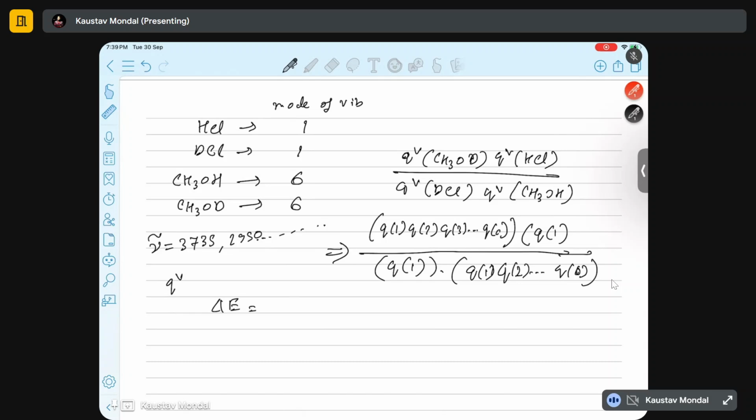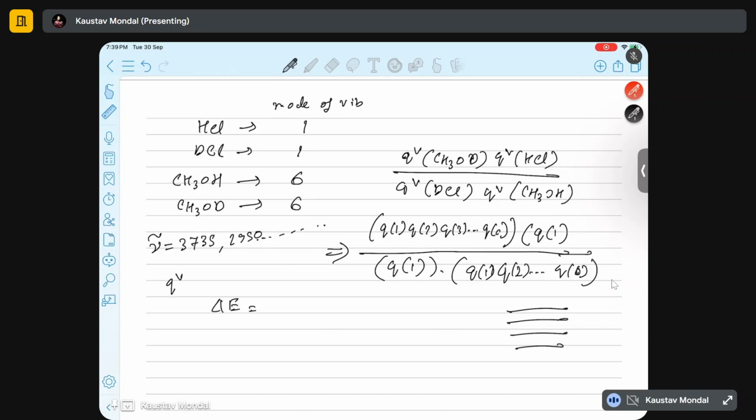These are the vibrational energy states, right? If we know the difference in the zero point vibrational energy between the reactants and the products, then from there we can calculate the delta E.